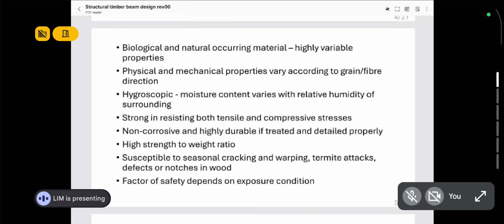Most of the time, when you chop down the tree, you have to cut off the sides of the tree so that you get the internal part, and then you have to treat it for fungal attack and termite attack before you can actually use it. Timber has a high strength to weight ratio, meaning its strength is much higher than its weight.